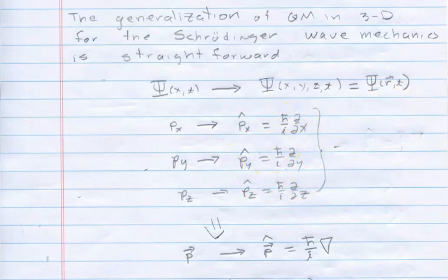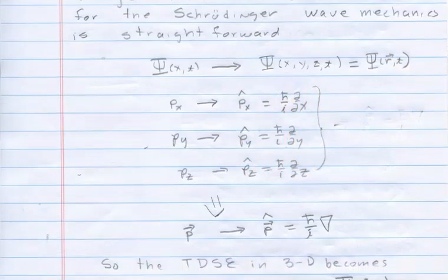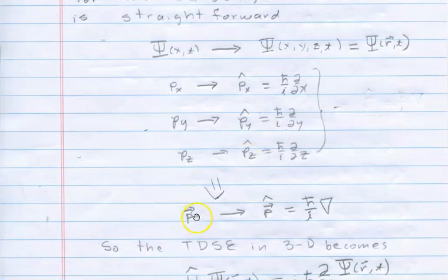Oftentimes we'll use these, but again, the way I like to look at it is the momentum vector, classical, it's just simply a vector, goes over into quantum mechanics as a momentum vector operator, which I'll sometimes write with the hat over it. And if you look at that, that's just h bar over i, and these are the components of the gradient, so a gradient operator.